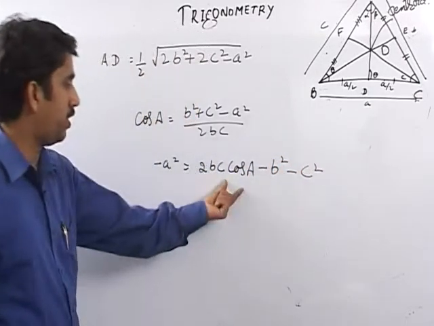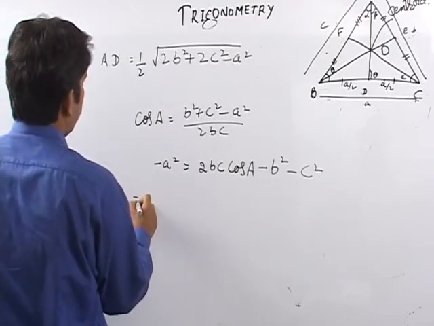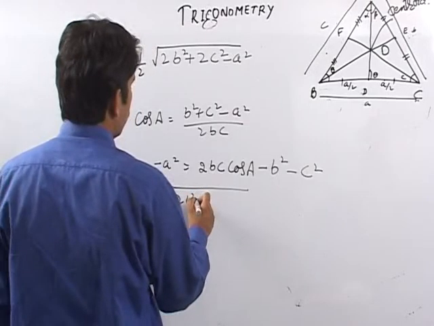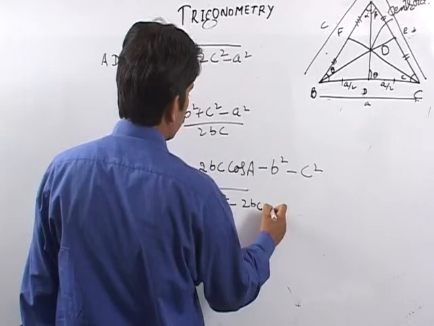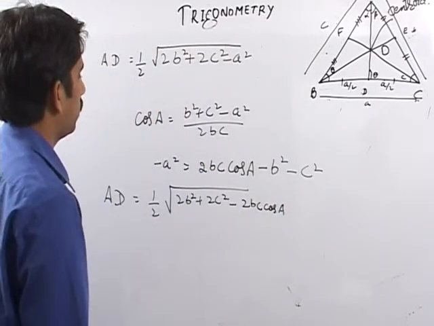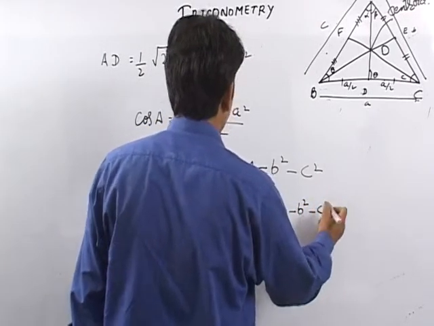When you put this here, you will get AD equal to 1 by 2 under the root 2B square plus 2C square plus 2BC cos A minus B square minus C square.